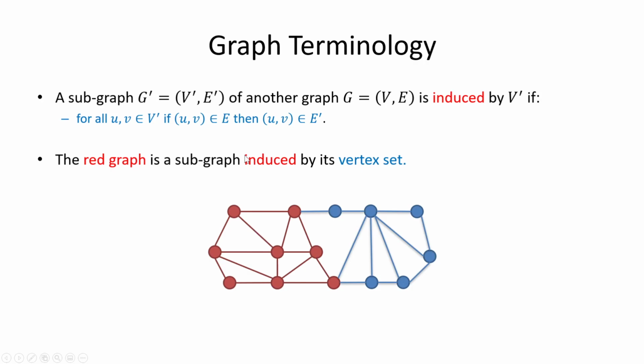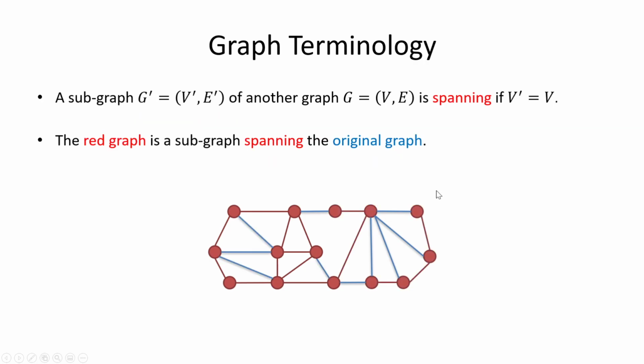That's when, for any 2 vertices that we do include in our subgraph, if the edge was in the original graph, then we include it in our subgraph. So the way we induce a subgraph of a graph is usually just by picking out the vertices and then bringing along all the edges that belong to those vertices.